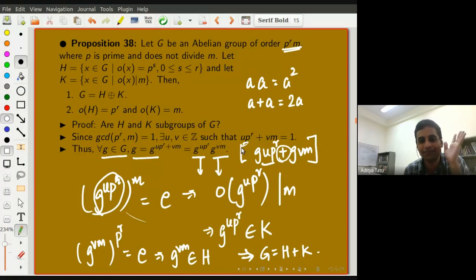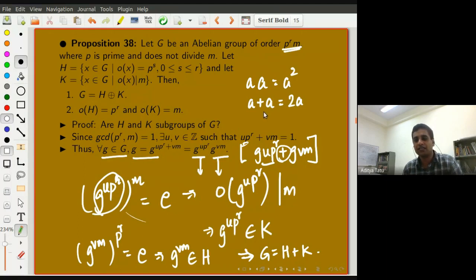I am almost sure that I will be confusing several students, but I am myself confused about what notation I should use. I have been using a to the power m all the time in the course, but in this case it's an abelian group, so I should in principle use plus.